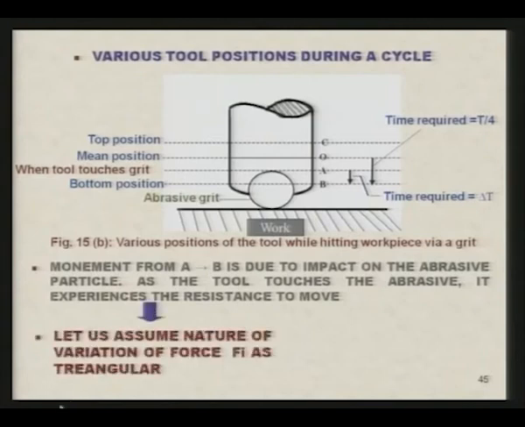Let us assume the nature of variation of force Fi as triangular. So, you can see here Fi maximum is the maximum force which is experienced by the abrasive particle. Fi is the force and delta T, as I have mentioned earlier, is the period during which abrasive, tool and workpiece are in contact.